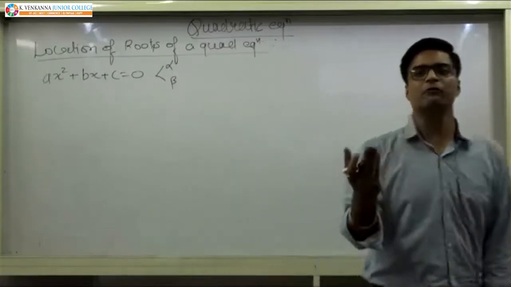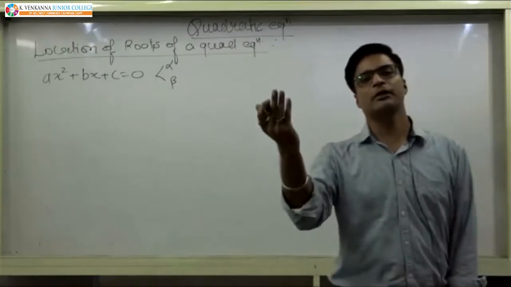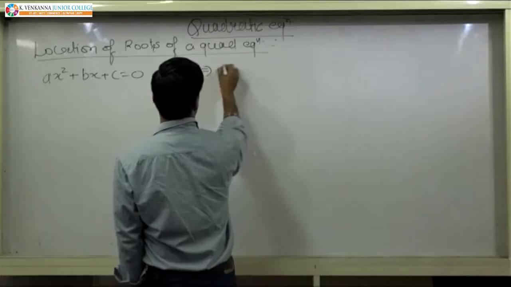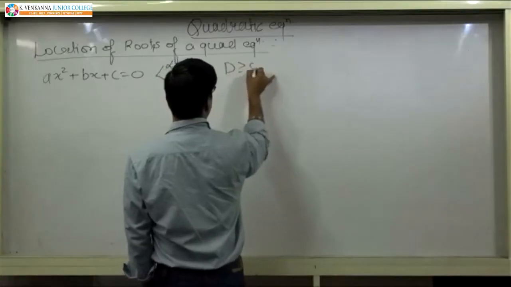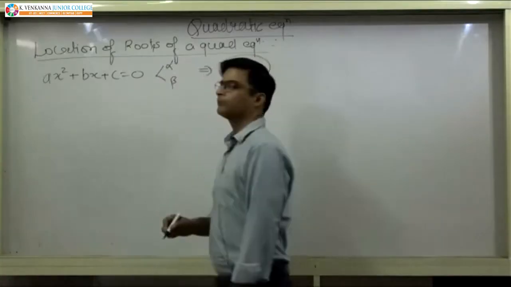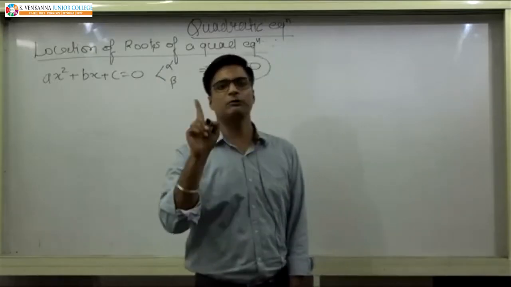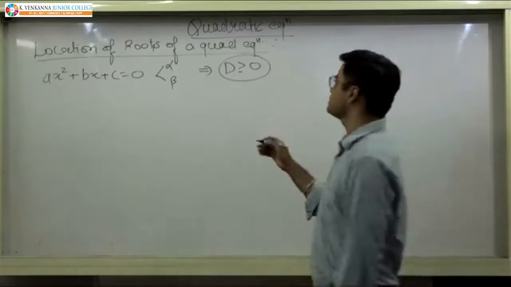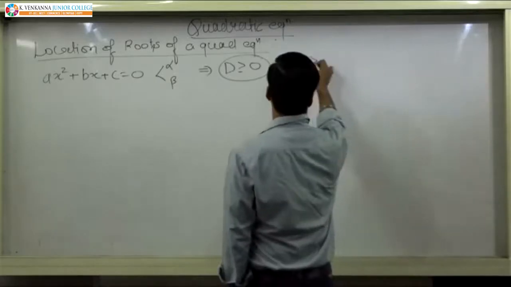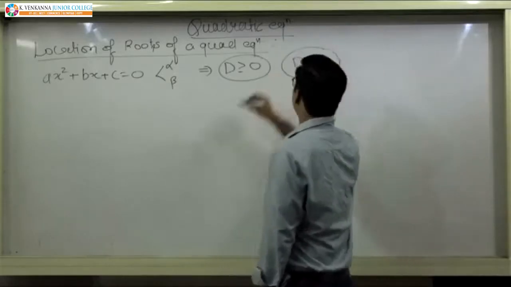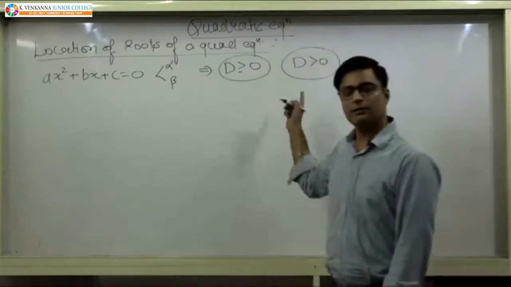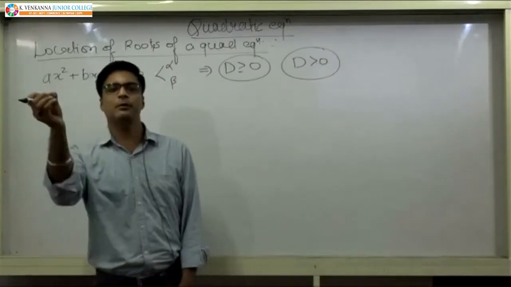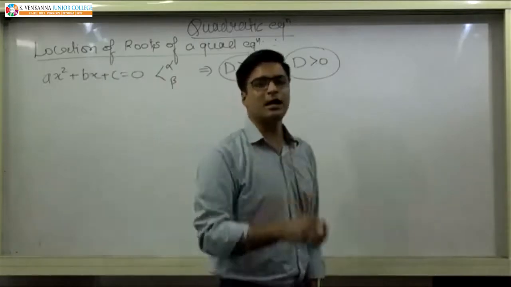We don't have to worry about whether our roots are real or not. So we will always make discriminant greater than equal to 0. In some cases, we will also make discriminant greater than 0 only. It will depend upon what the question is asking.